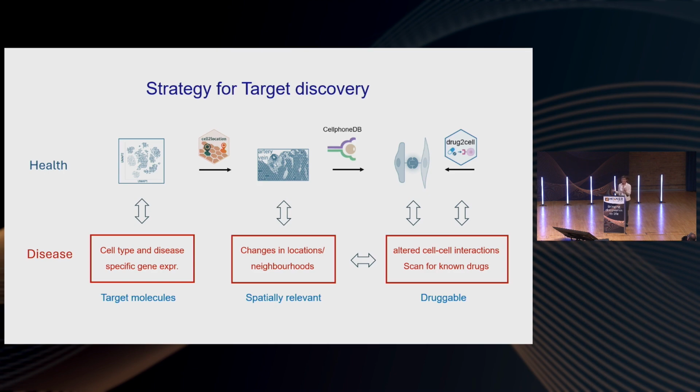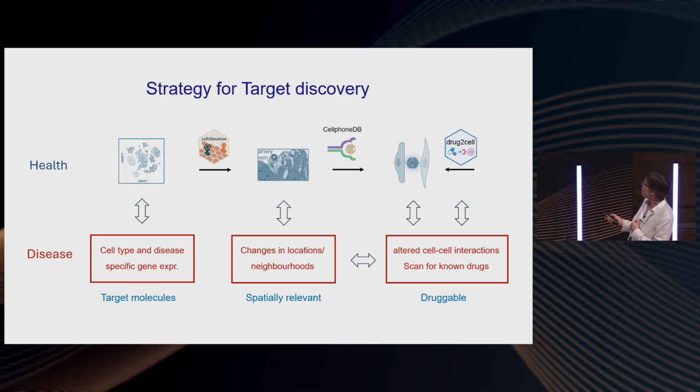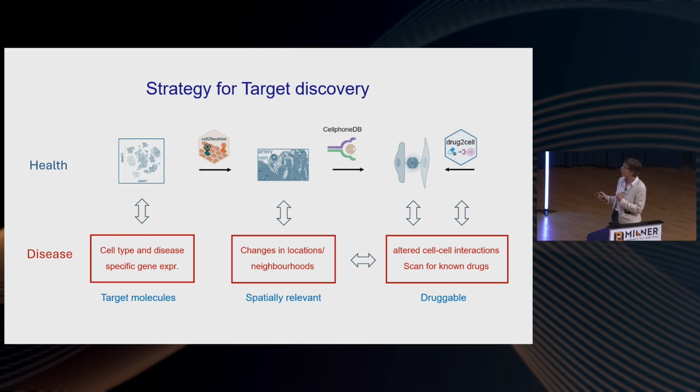And of course, really, that is what the cell atlas is meant to find out. By having the healthy reference, we can now really see what is perturbed in disease. If we combine this also with analysis of spatial gene expression, we can understand which targets are spatially relevant, and then hopefully also druggable or accessible.